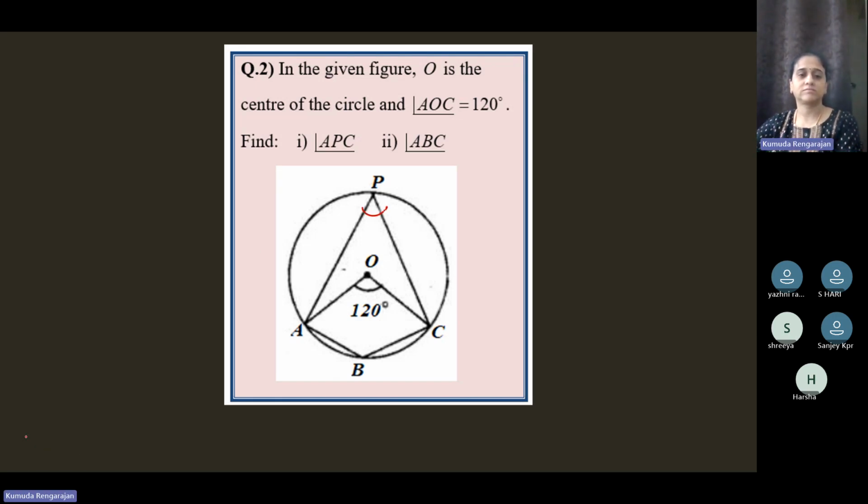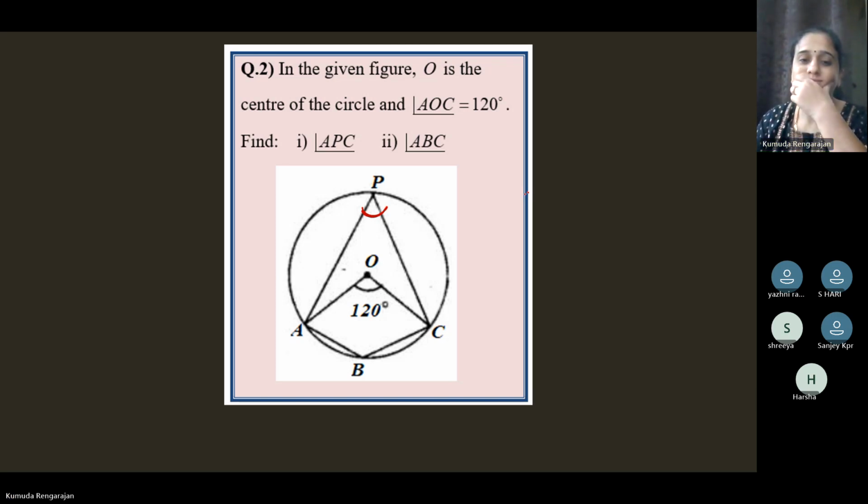60 plus 2. What is the measure of APC? 60. Ma'am, ABC is 30 degrees.